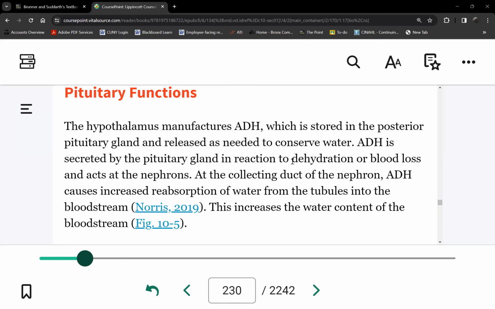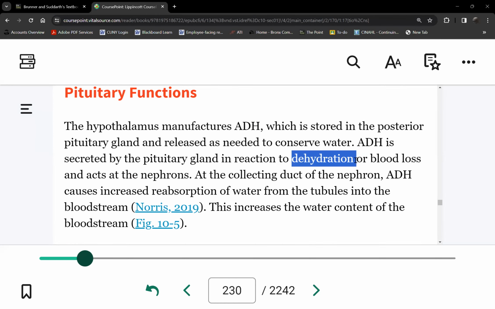When it senses that the serum concentration is high, which occurs in dehydration, meaning the serum osmolarity is high, what will it do? It releases antidiuretic hormone. It senses, oh, the concentration of the blood is high, serum osmolarity is high, so I will release antidiuretic hormone immediately.